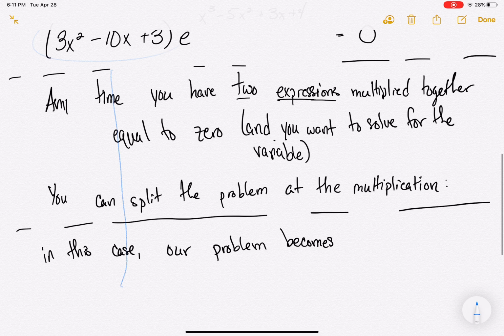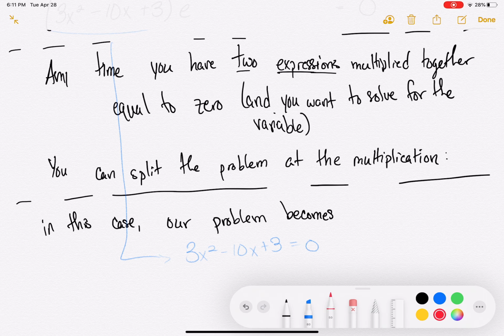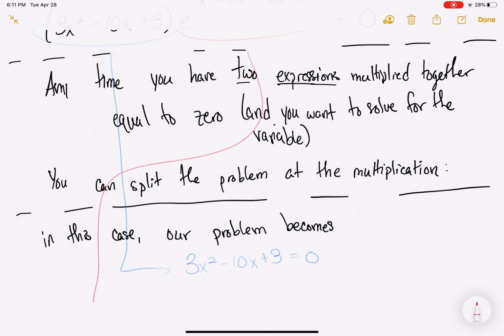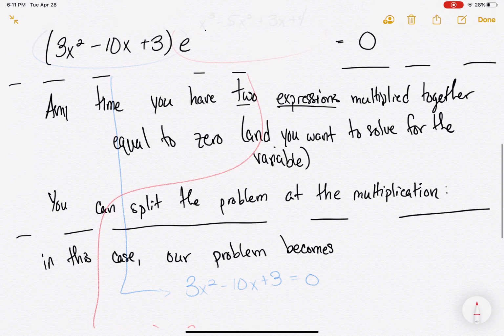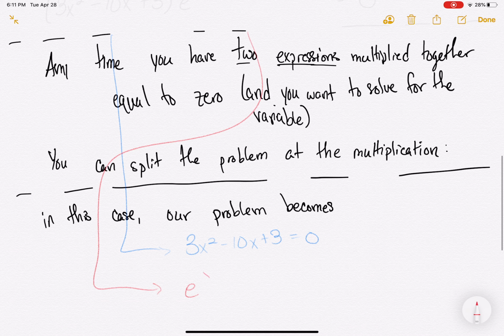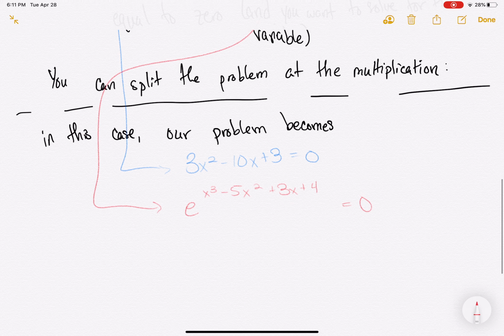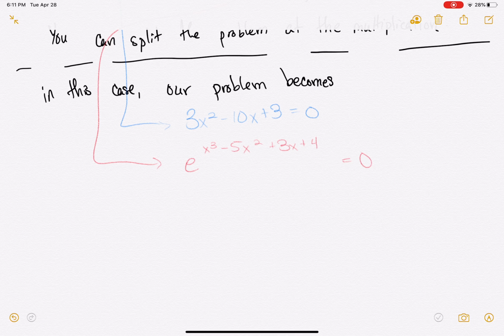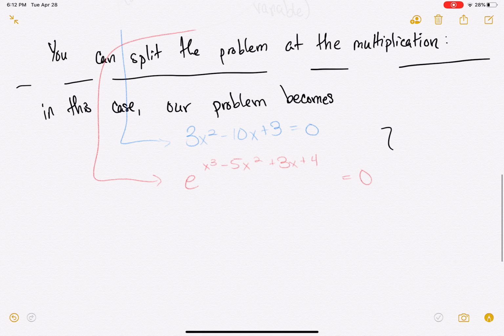So our problem becomes this piece, 3x squared minus 10x plus 3 equals 0, and the second term, this one here, e to the x cubed minus 5x squared plus 3x plus 4 equals 0. So all I've done is I've split the problem at multiplication. So solve both for x.